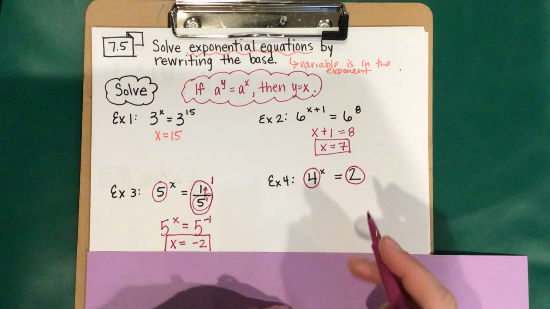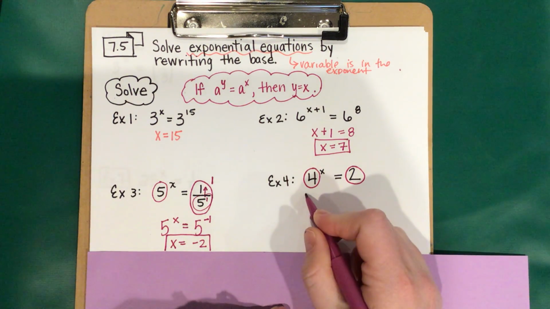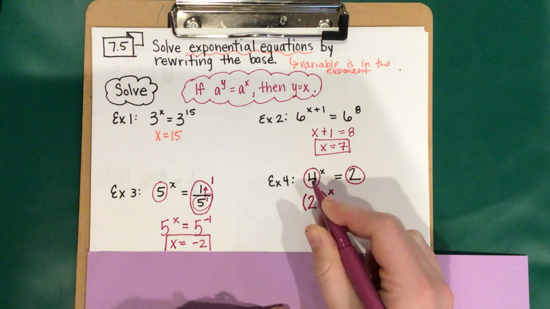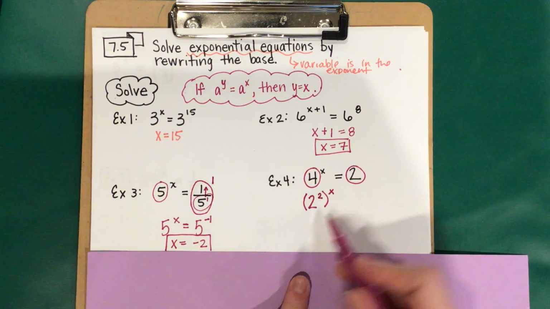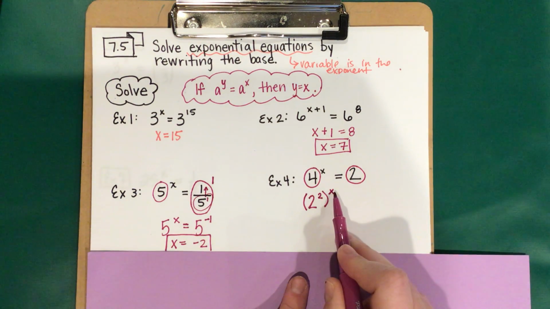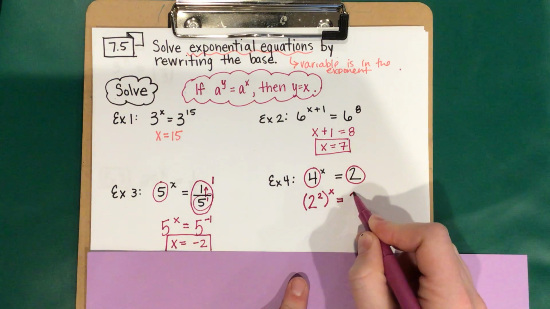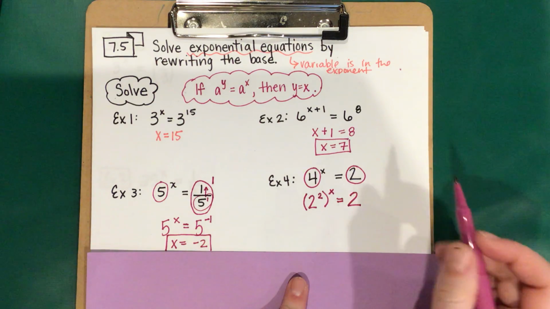Well, 4 is a power of 2. Hopefully you guys all know, and you should, that 2 squared will equal 4. So when I rewrite this as 2 squared to the x, it's still equivalent. And then I already have 2 there, so I'm going to bring that down.